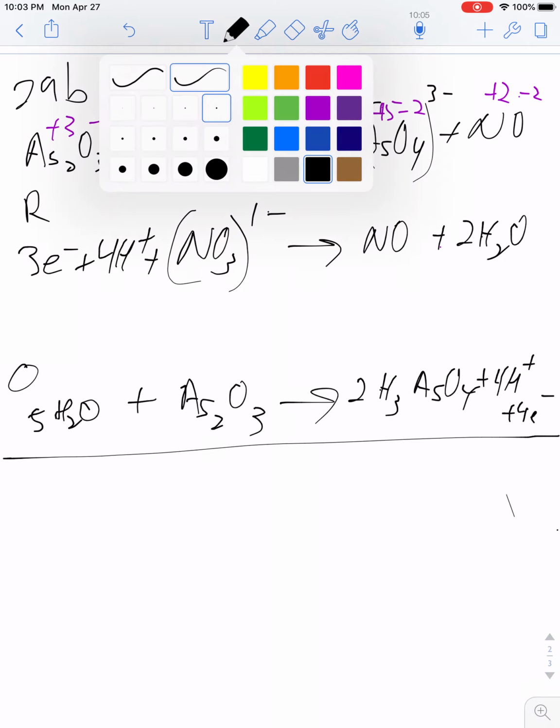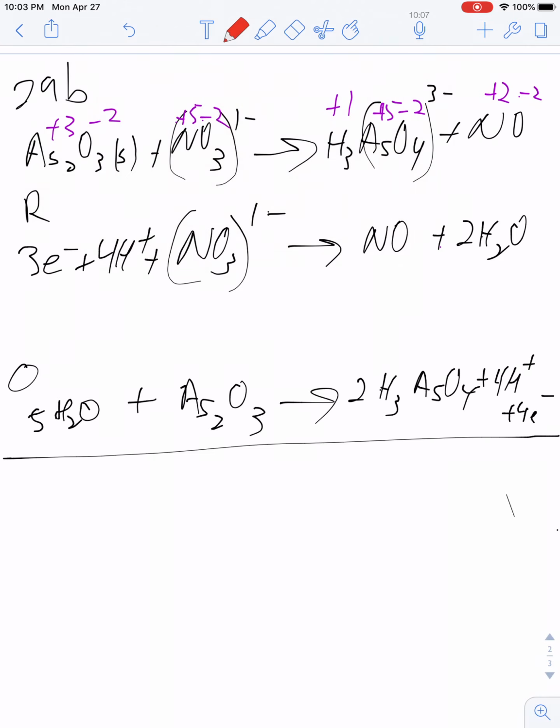So then I have to find the lowest common denominator between the 3 and the 4. So I can multiply this by 3, multiply this one by 4.